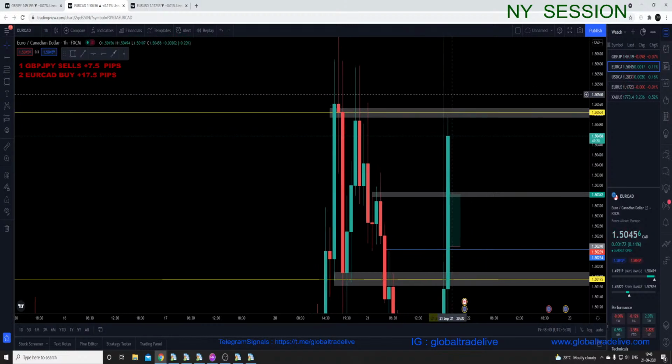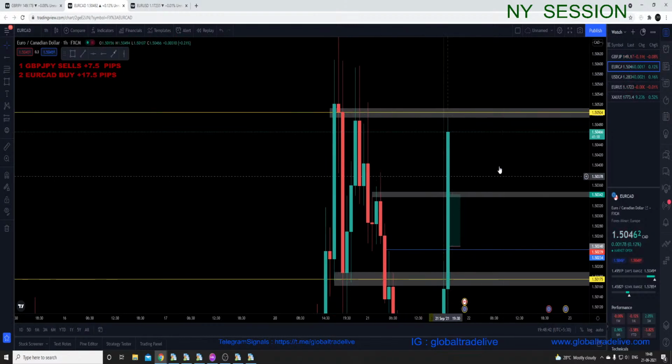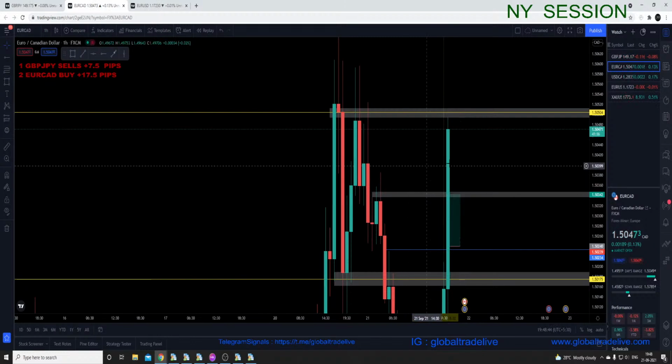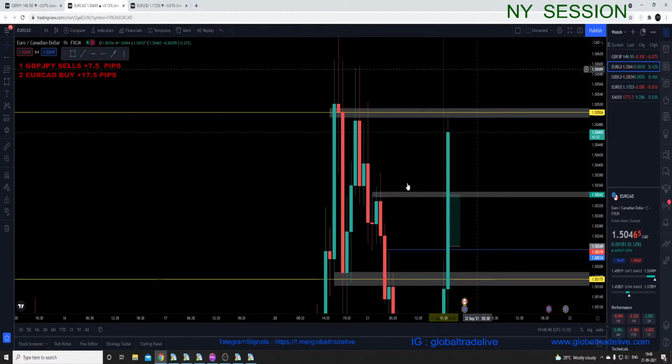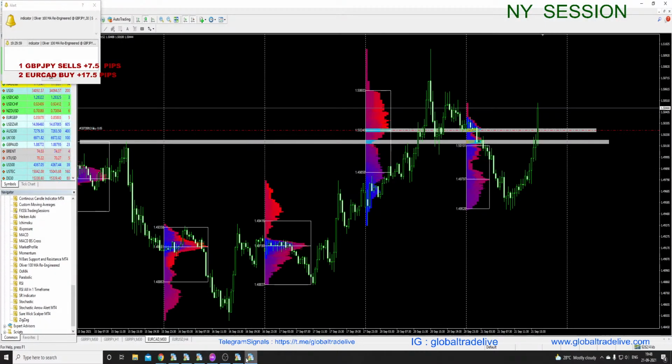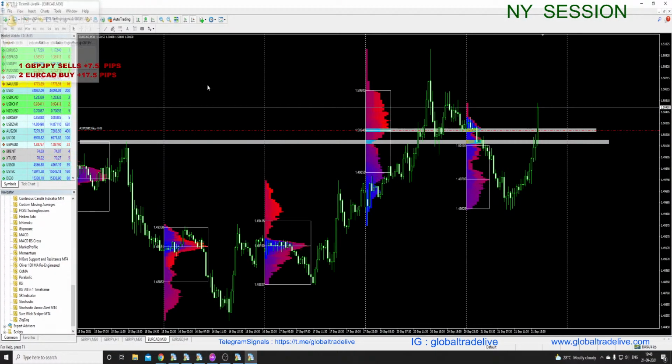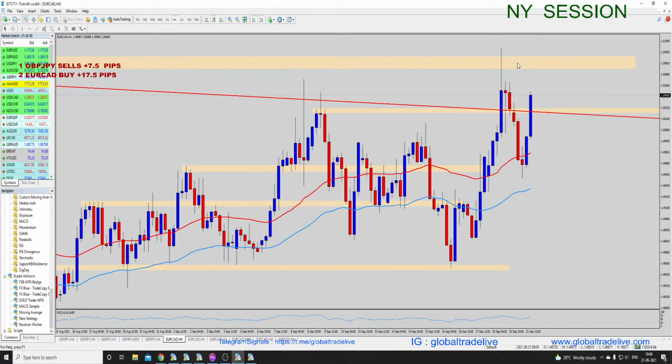So once it starts to break these highs over here, then trust me guys, this won't be coming down soon. This will be going all the way up, because at that point this wick will be filled once this candle breaks these highs over here.